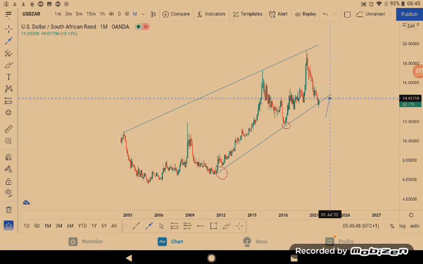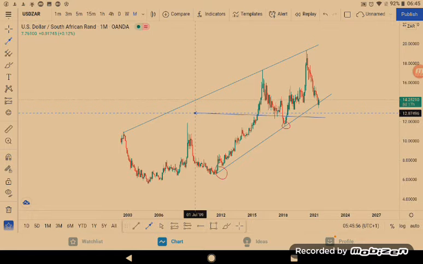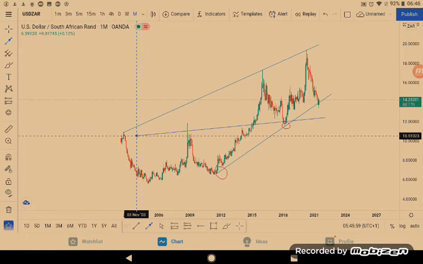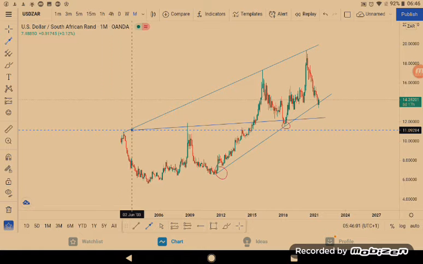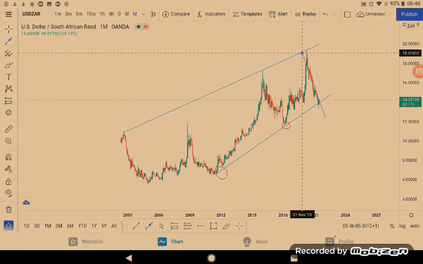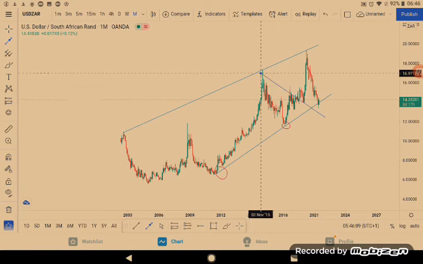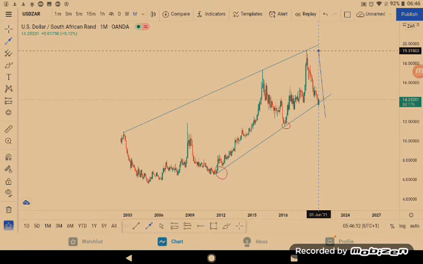But then I'm going to show you something else. In my strategy, there's a thing that we call 1, 2, 3. First touch here. It also bounces from here on the trend line, and then it bounced there too. So this is the second touch, this is the third touch.